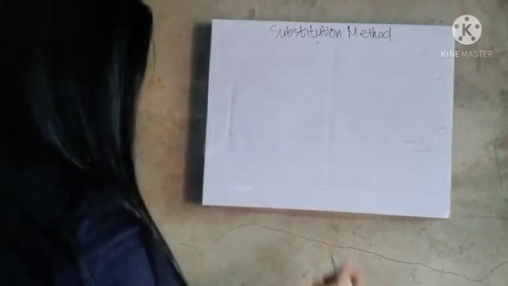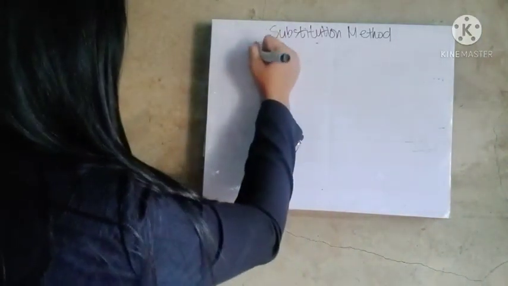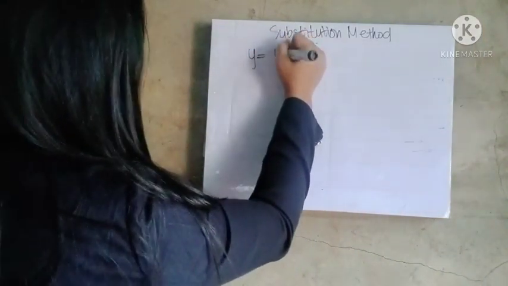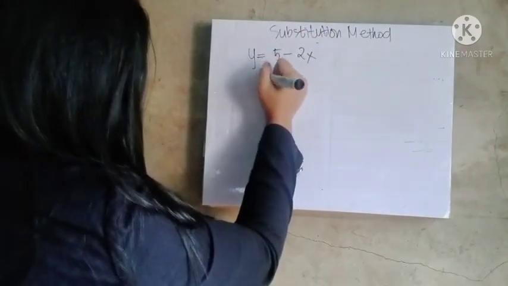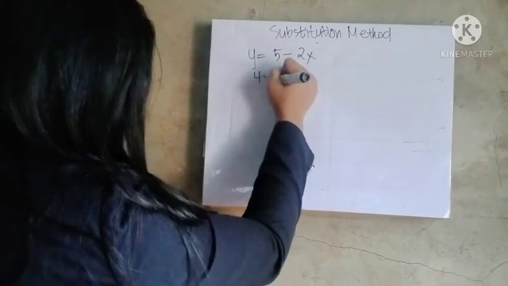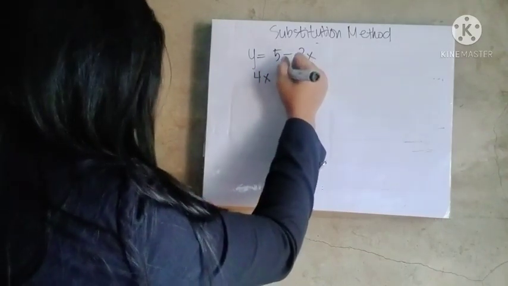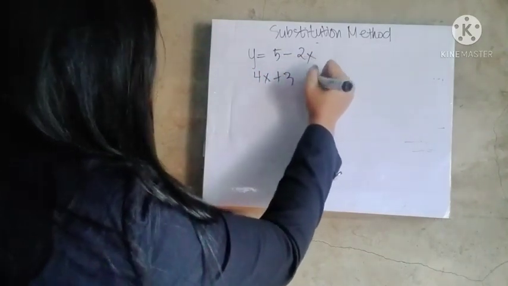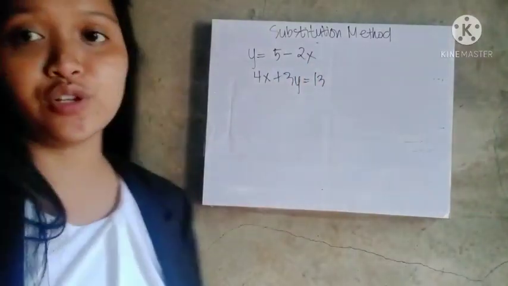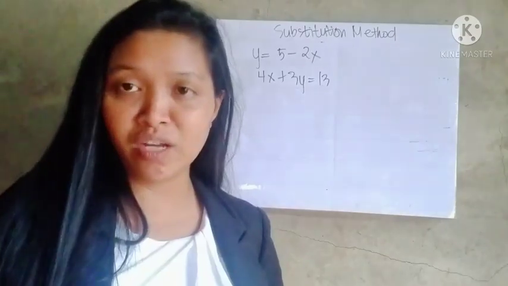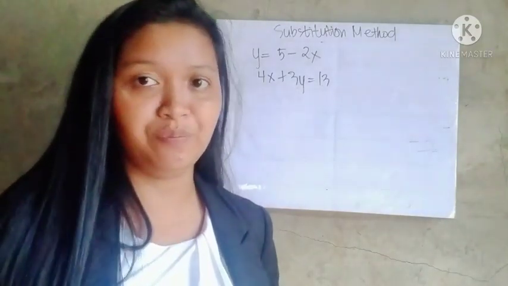So the first equation that we have is y is equal to 5 minus 2x, and also 4x plus 3y is equal to 13. So what should we do here if we want to solve this by substitution?